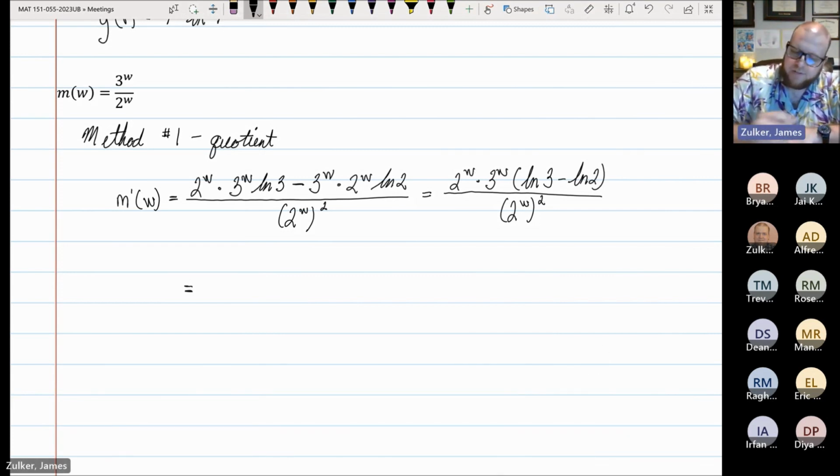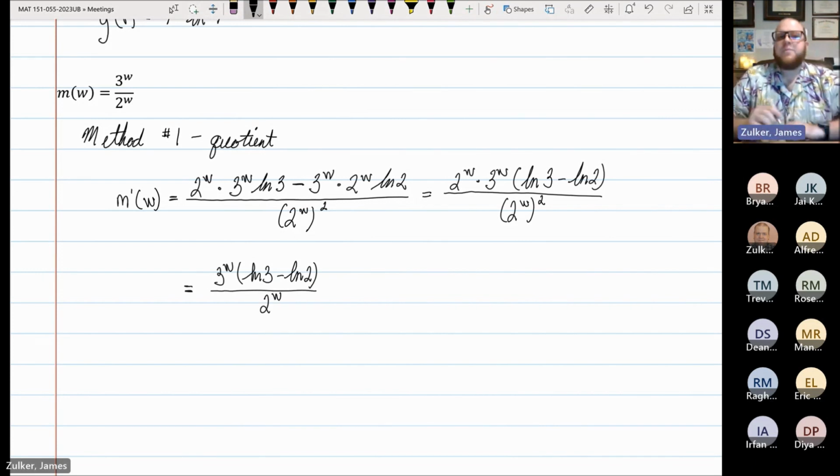There's a 2 to the w common to both numerator and denominator, so that simplifies. Three to the w times the quantity natural log of 3 minus natural log of 2, all over 2 to the w.